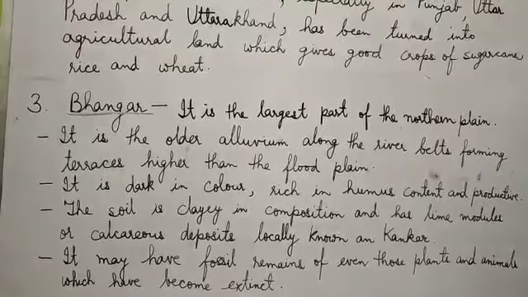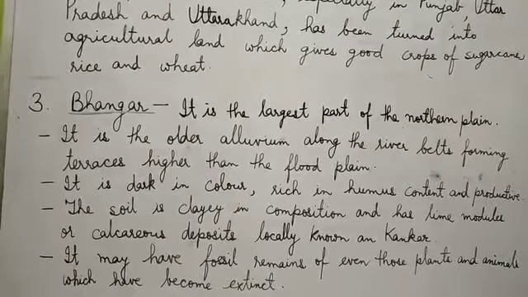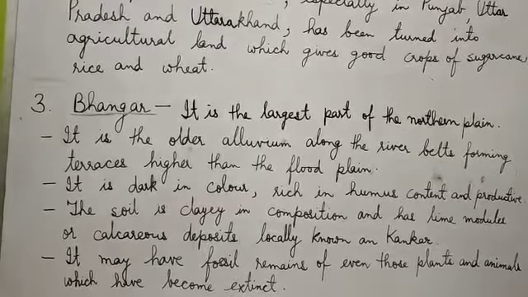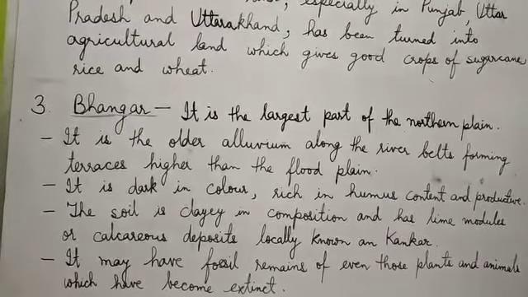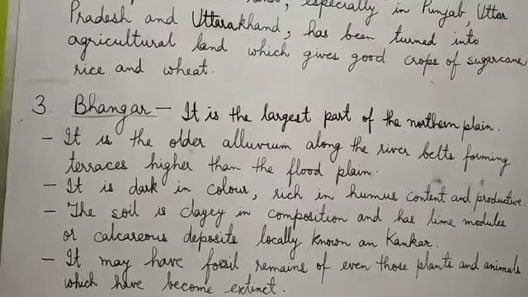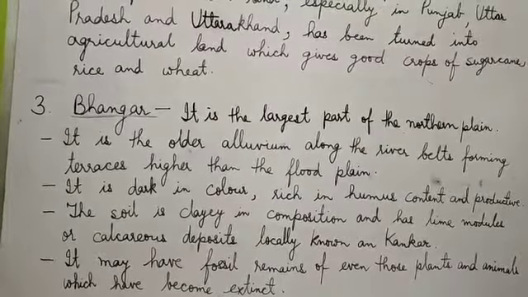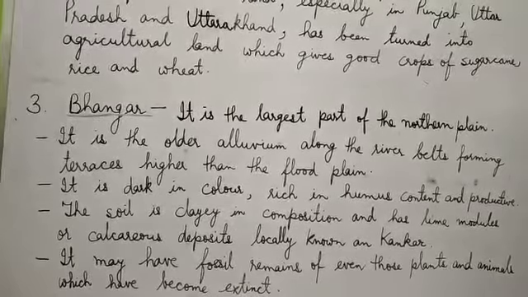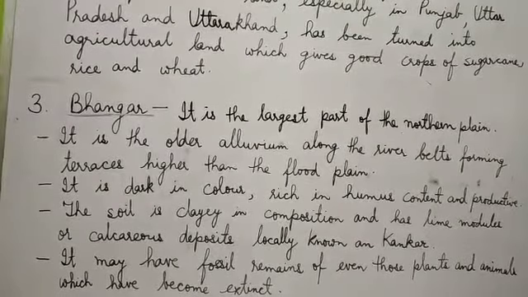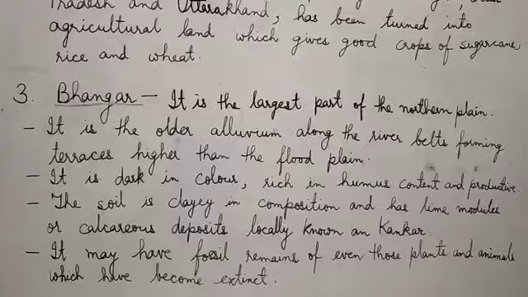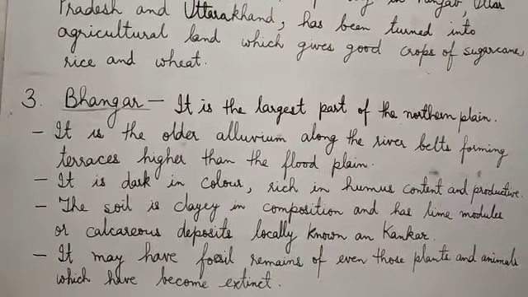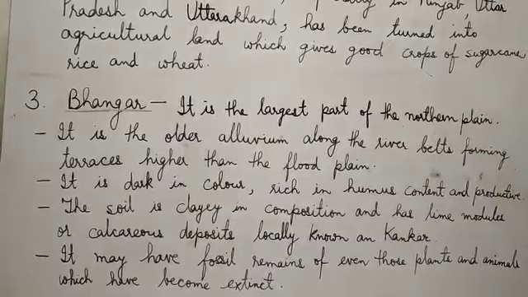Now there is a formation called Bhur formation, an elevated piece of land situated along the bank of Ganga river, especially in the upper Ganga Yamuna Doab. These are formed due to accumulation of wind-blown sands during the hot, dry months of the year. So these are some features of Bhangar.